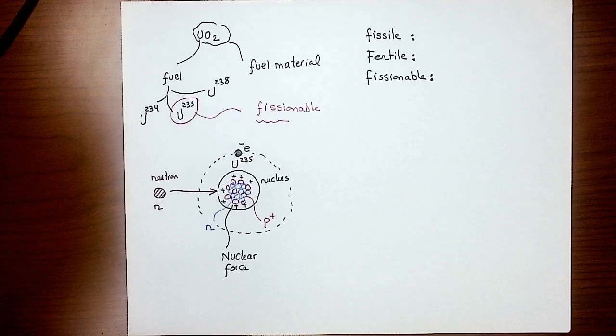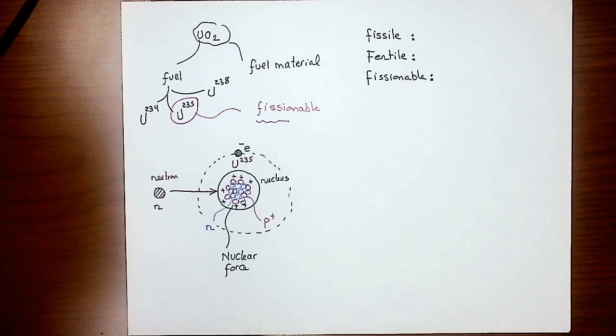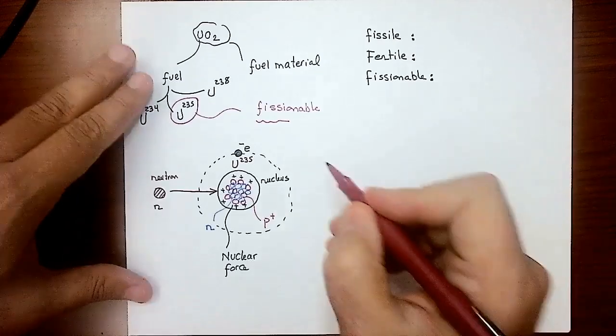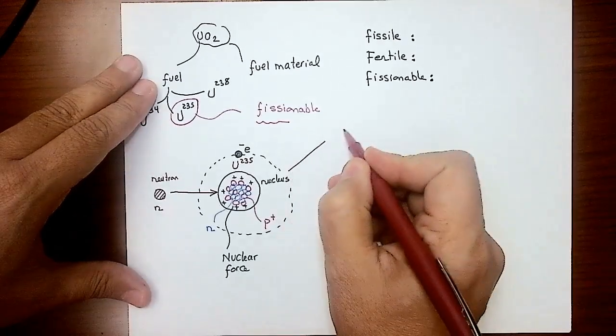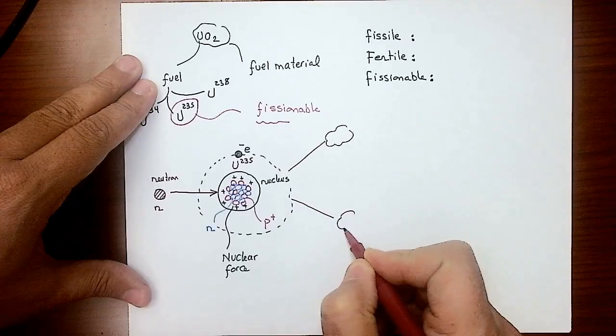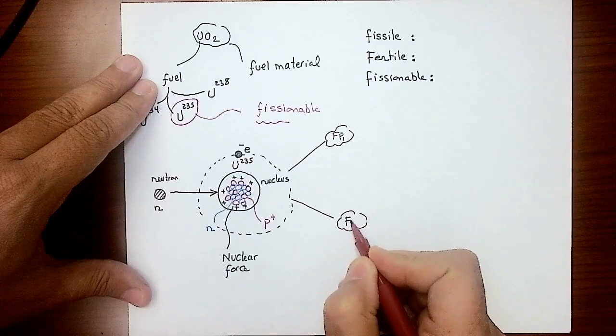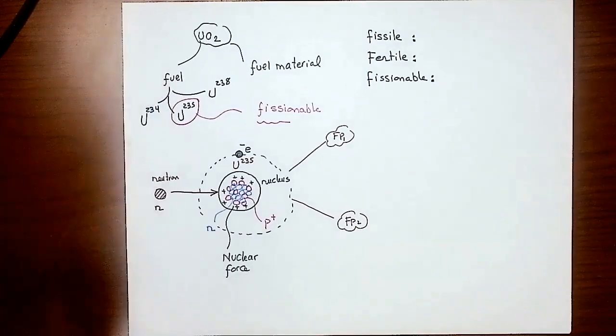So in this case, what's going to happen is when this neutron comes in, the nucleus becomes unstable. And because it's unstable, it's going to break down into what we call the fission products. It's going to split. That's what is meant by fission. And it's going to give me fission product 1 and fission product 2.